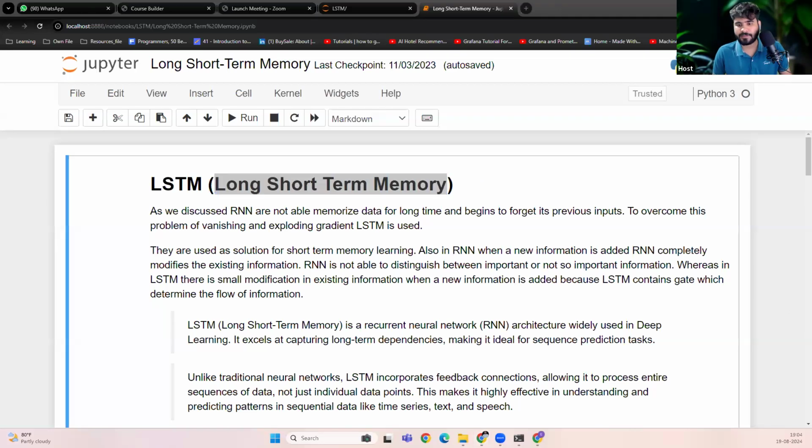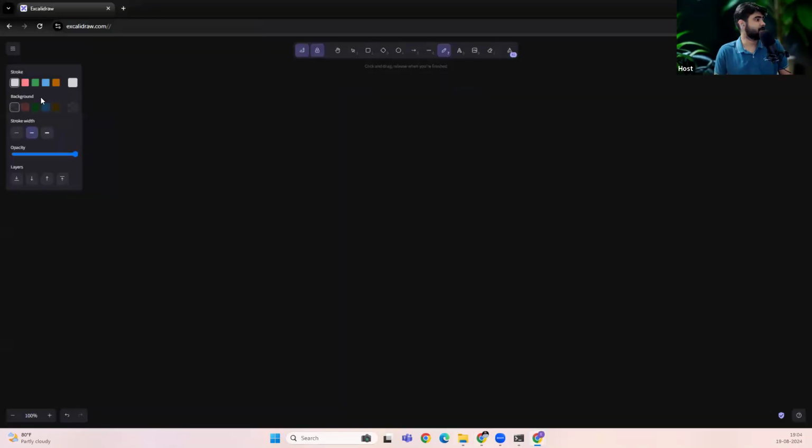So if I create one simple architecture, let's say this is the simple architecture that we have for the neural network. Here we have the data. Here we are going to pass some data like x1, x2, and this is x3. Three data that we are going to pass. Now here we have the hidden layer.